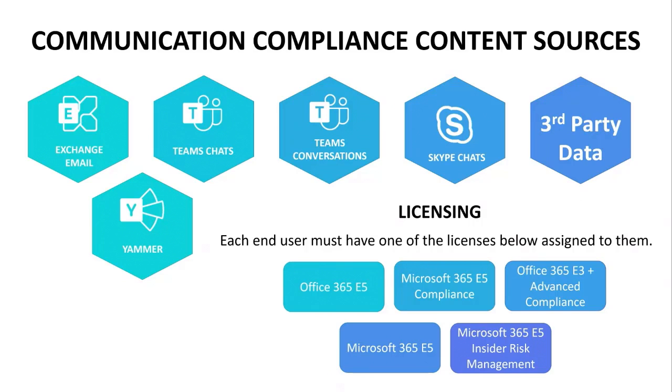If you have a government tenant, it would be the G5 licenses, or in education, the A5 and equivalent licenses. So you will need to have one of those assigned to every user that's being monitored by these policies.